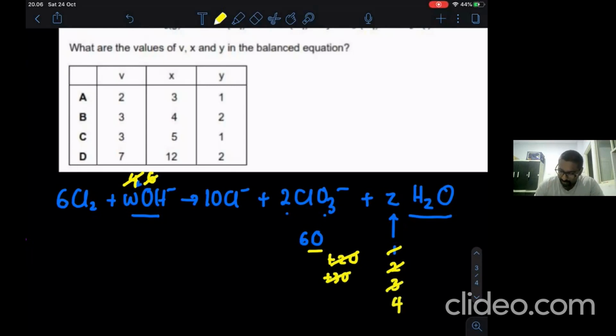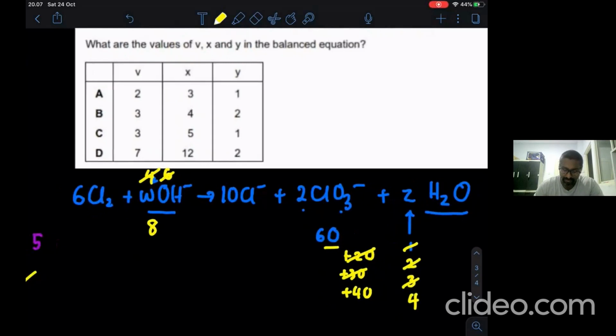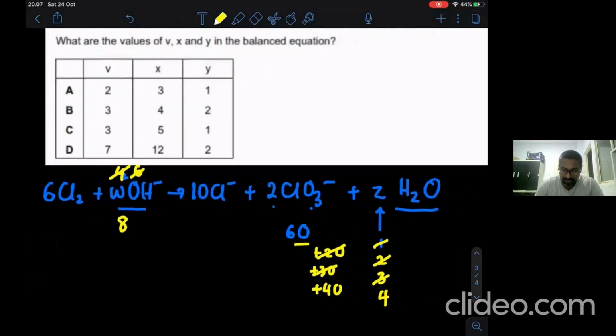If I put 4 here, I am going to have 4 oxygen here, so I have 6 plus 4, 10 oxygen. And then I put 4, 8 hydrogen, so I need to put 8 here. If I put 8 on my left hand side, you will get 8 oxygen, but I have 10 oxygen. So still cannot.